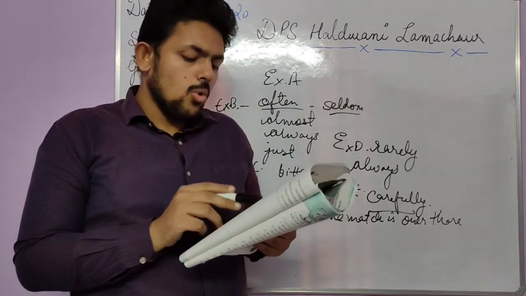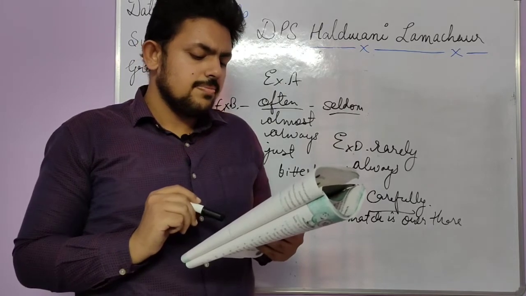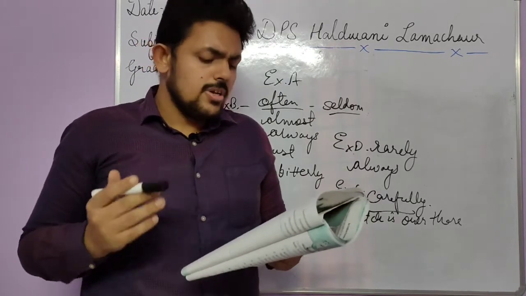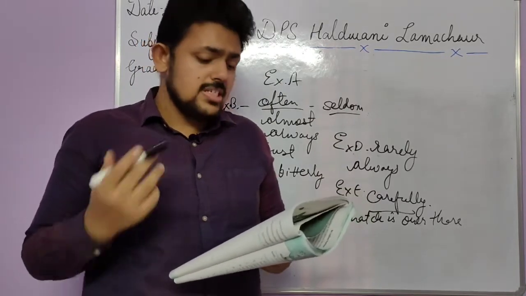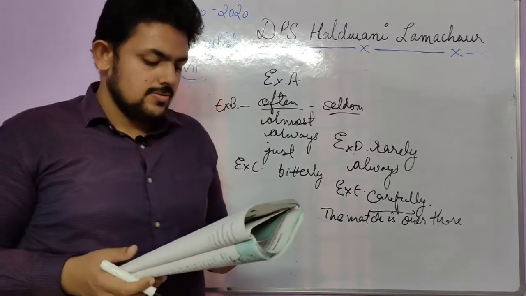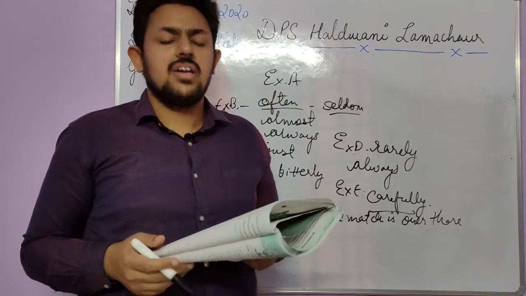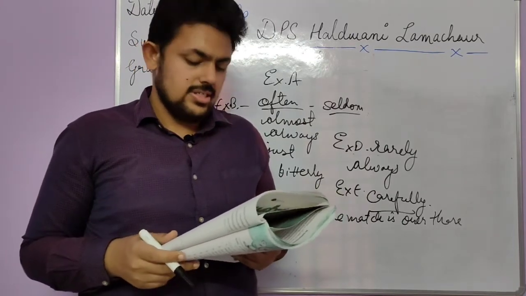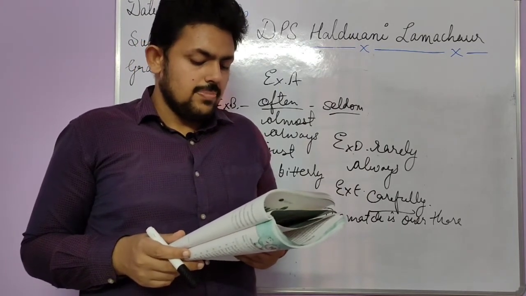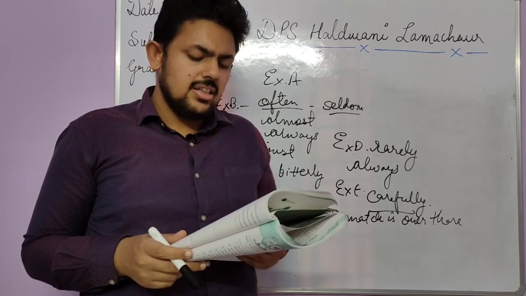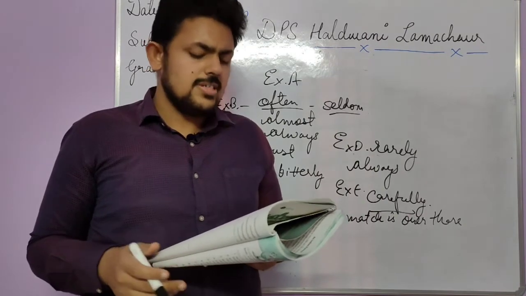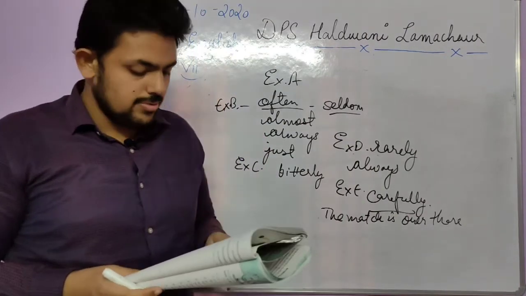He spoke more confidently than others. He often spoke, he always spoke like that. Okay. Deepika sang the loudest. Deepika rarely sang the loudest. Okay. Mother put the baby in the cradle gently. Mother always put. Like this you have to do.